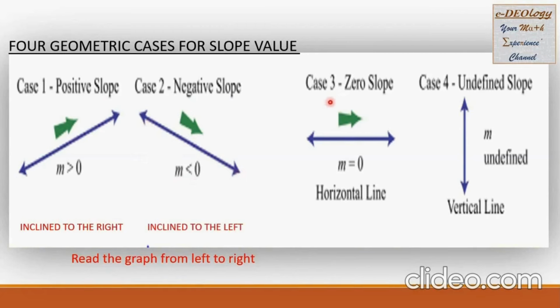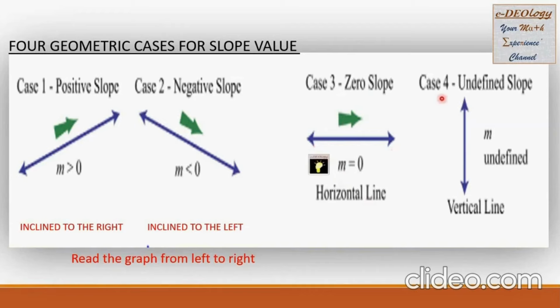The case 3 is when we have 0 slope, or we say M, the slope, equals 0. In this case, the line is horizontal, or we can say that all horizontal lines have 0 slope.